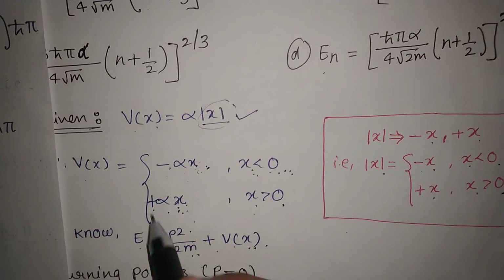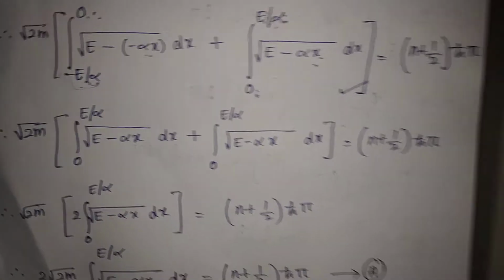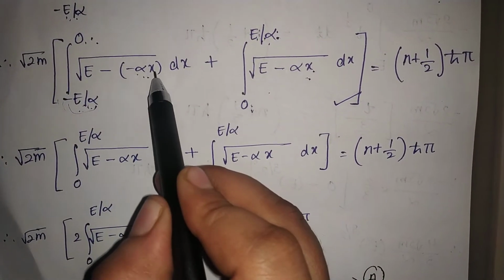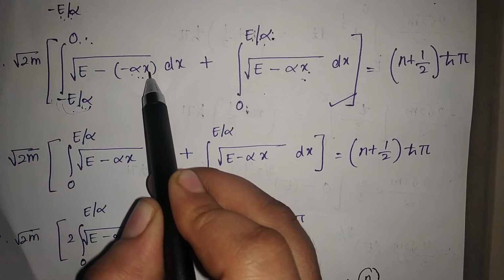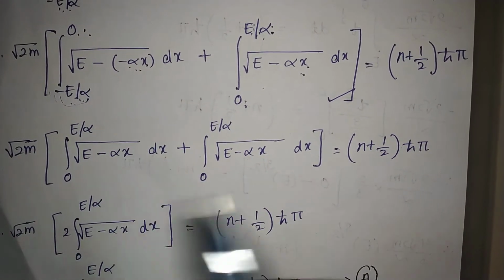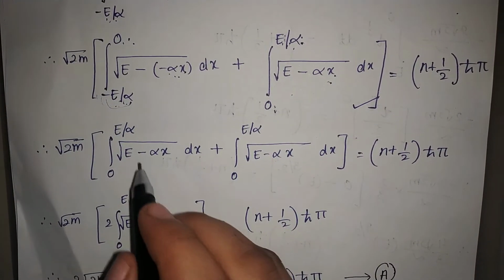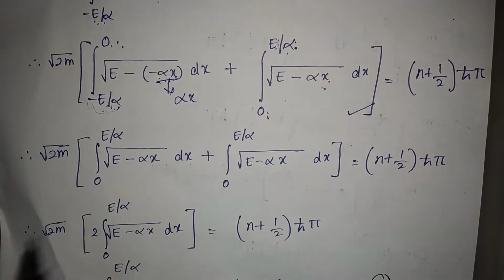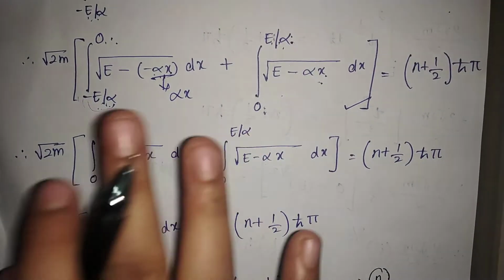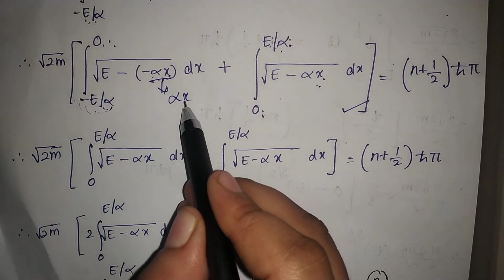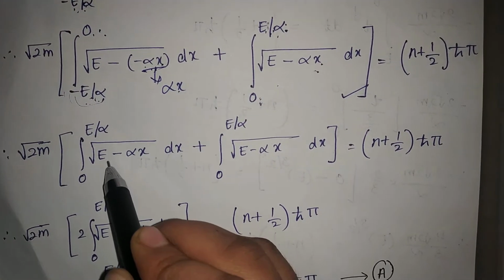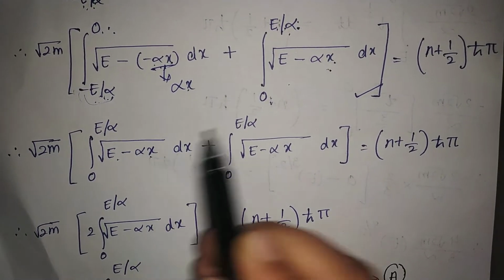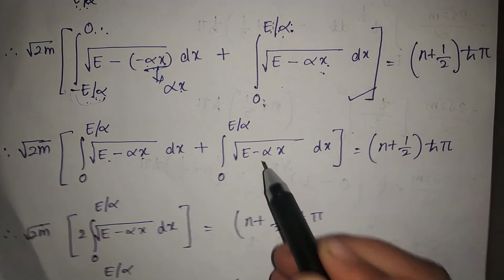So if we take it magnitude wise, what we can write here is: minus x we can replace by x simply. Okay, that is x will be replaced by minus x. So it will come as alpha x. Just we are taking this potential value magnitude wise, so we can write here alpha x. So here e to the power minus alpha x. Clear? And this value is as it is.